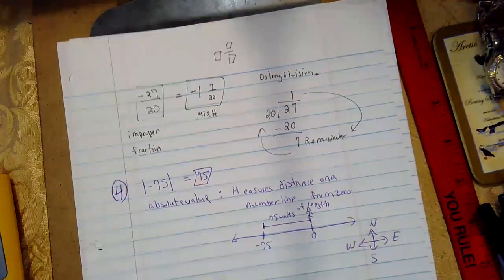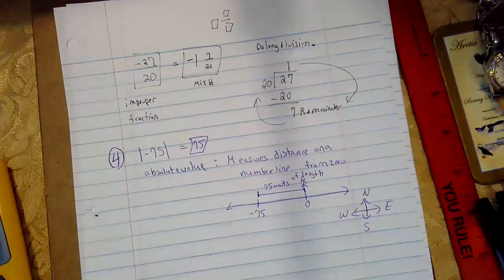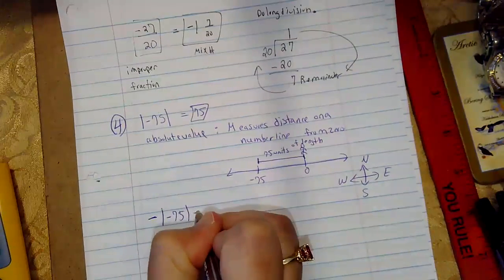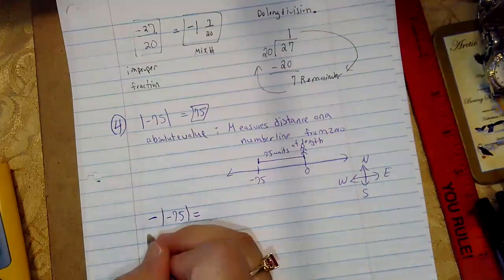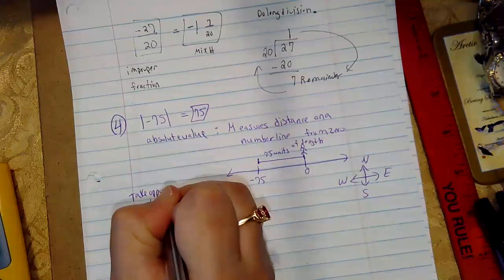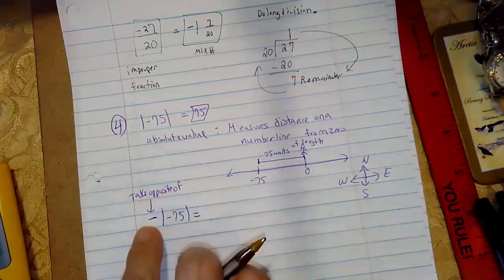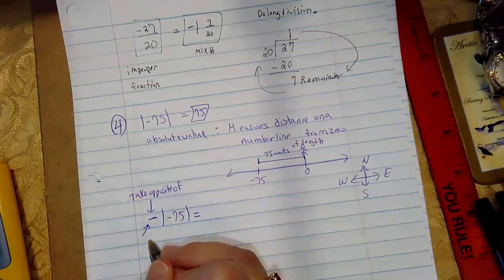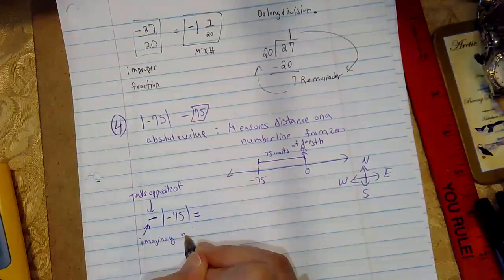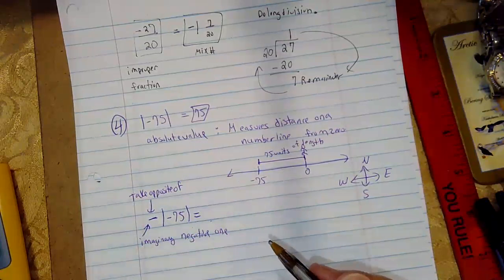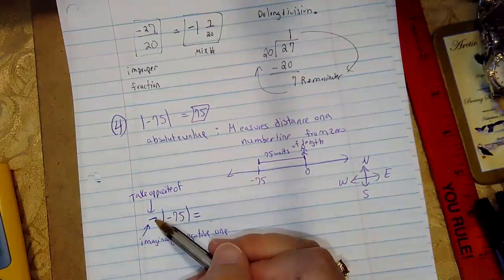Now, if we had something like this, a negative absolute value of negative 75, then this little guy here means take the opposite. This also means it's like an imaginary -1, which will change the answer's sign. So what's the opposite of this?